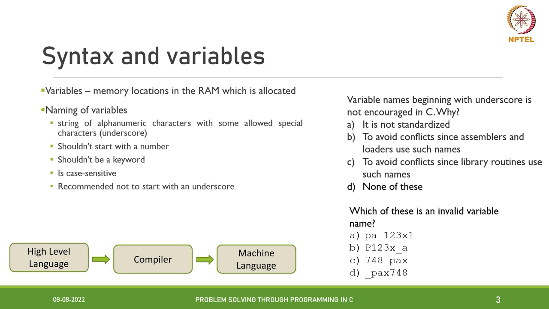When you need line by line compilation, people usually go for an interpreter. And if you want to compile the entire code at once, then they go for a compiler. So it depends on what you're using.